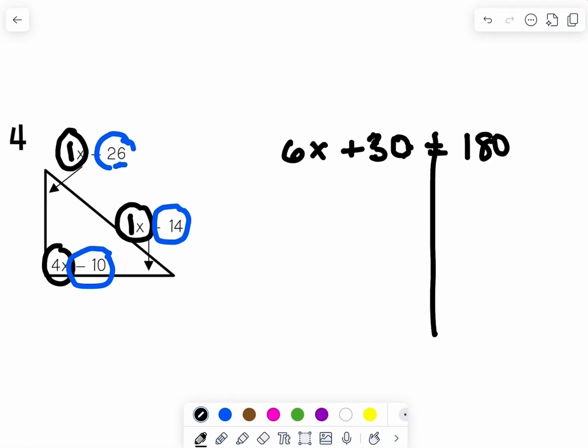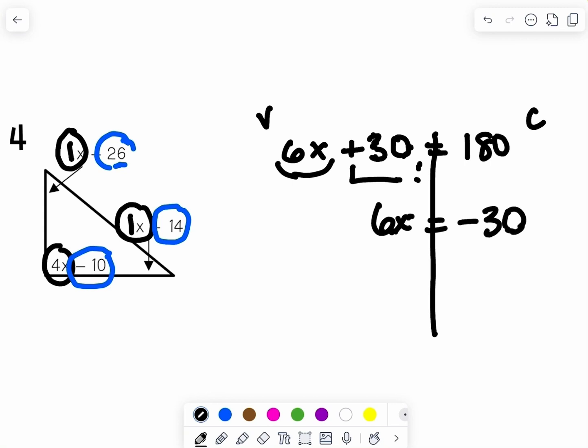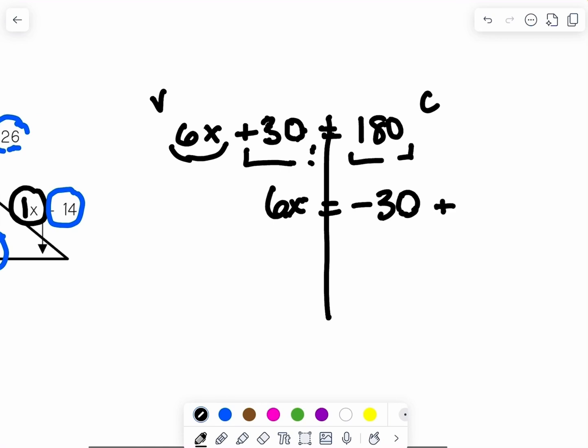So all I would do is variables, constants, 6x stays positive 6x, positive 30 flips over the line to negative 30, and then positive 180 stays positive 180. So then negative 30 plus 180 gives me 150.